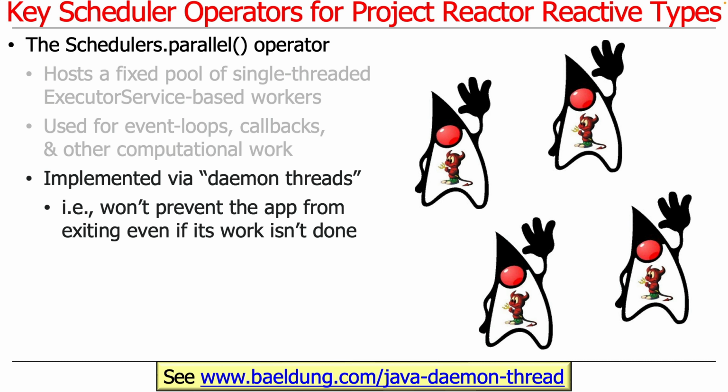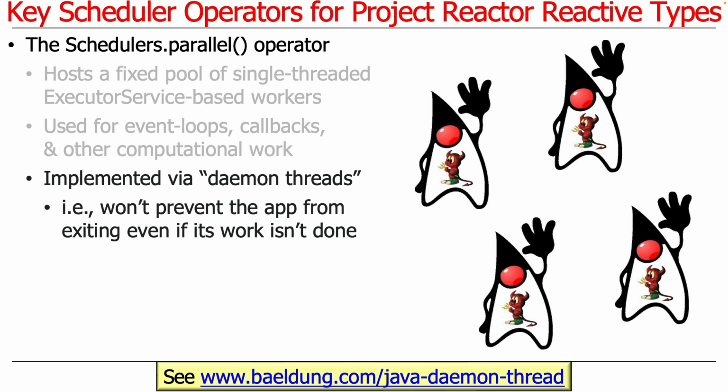This is what differentiates the parallel scheduler from the new parallel scheduler. The difference is new parallel used user threads, so you had to remember to dispose of the scheduler that was created using some kind of destructor-like mechanism like do finally, whereas Schedulers.parallel creates a pool that uses daemon threads. And if you recall, the difference between daemon threads and non-daemon threads or user threads is that daemon threads won't prevent the app from exiting even if there are still daemon threads running in the background.